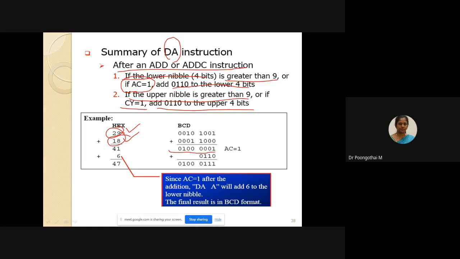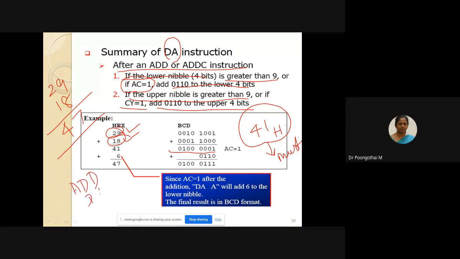What is the answer? 41. When adding two decimal numbers, 29 and 18, we are supposed to get 47. But according to your microcontroller operation, we get only 41. So this value must be adjusted. For that, we have to use the DAA instruction after your addition operation.